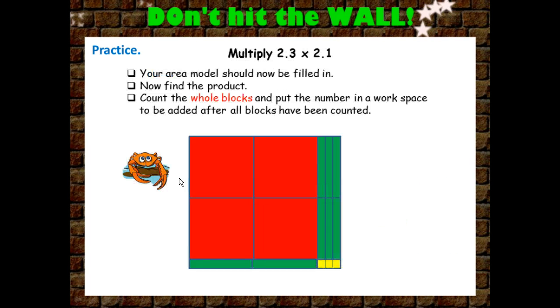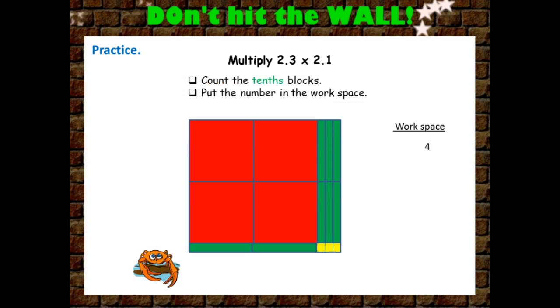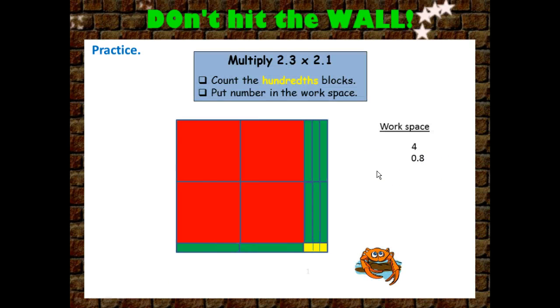You can shade them all in. Count how many wholes you have. There are 4 wholes. Then count how many tenths you have. And there are 8 tenths. And remember, we're not talking about wholes anymore, so we must use that decimal. And then talk about how many hundredths you have. And there are 3 hundredths.